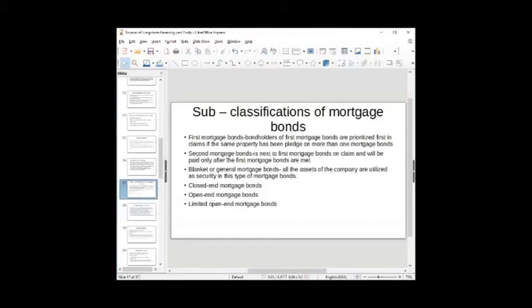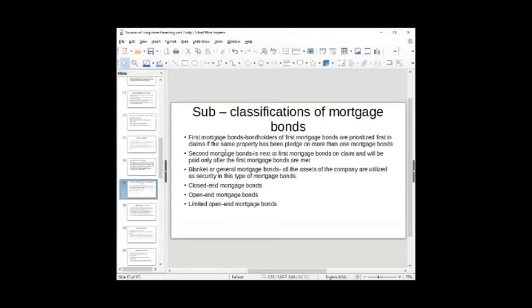Now, for example, you have a real property mortgaged by the issuing company in the amount of 5 million. The first mortgage bond released money to the issuing company at 3 million. Will the second mortgage bondholder release money to the issuing company at the amount of 2.5?